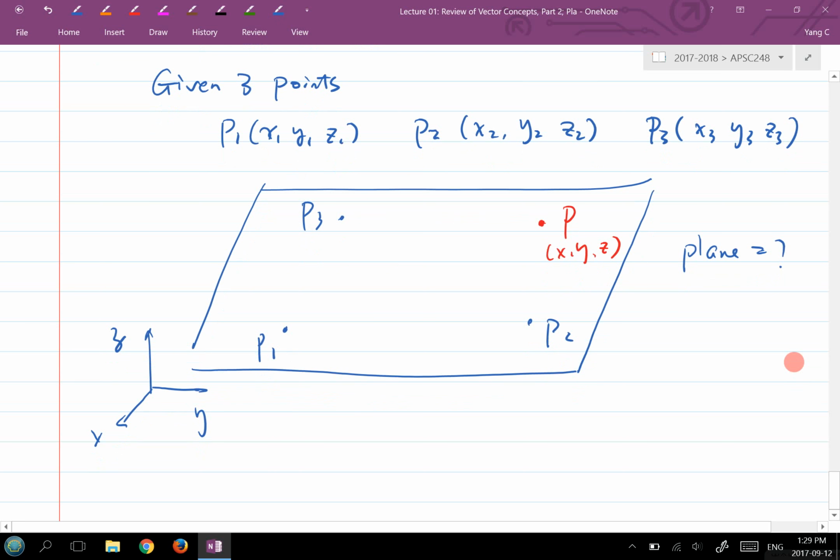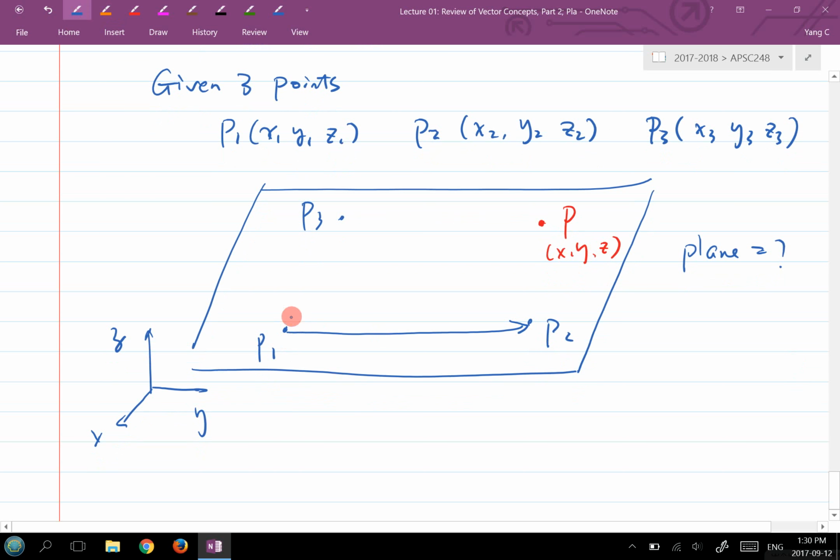So let's put a P point on this plane here with coordinates x, y, z. I'm going to use the vector concept we just learned to derive this plane equation. I'm going to form a few vectors here. The first vector I'll form is P1P2.